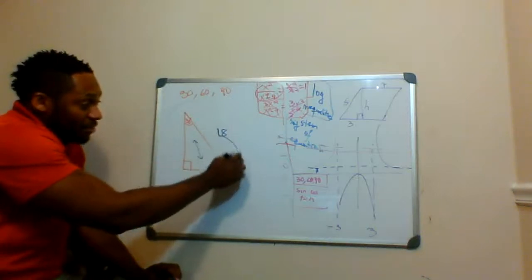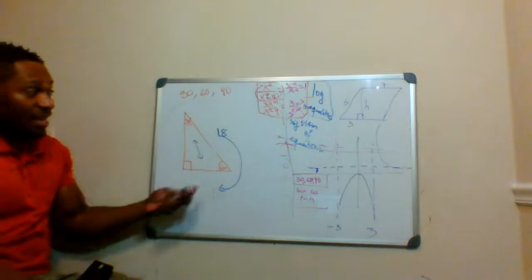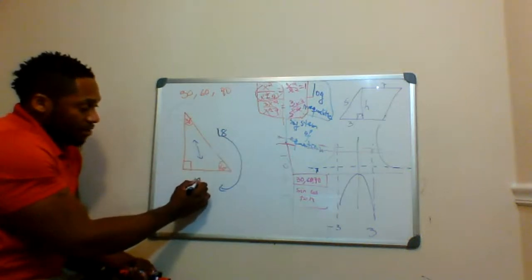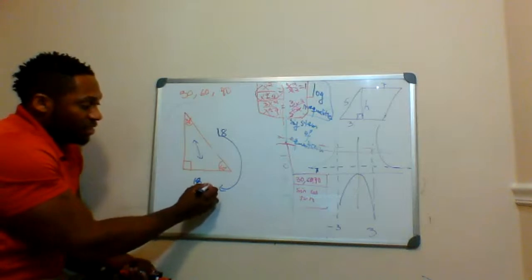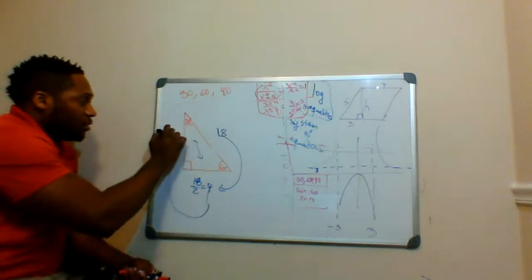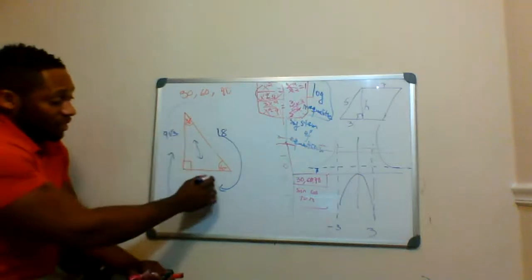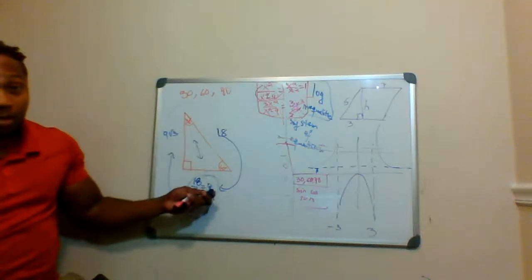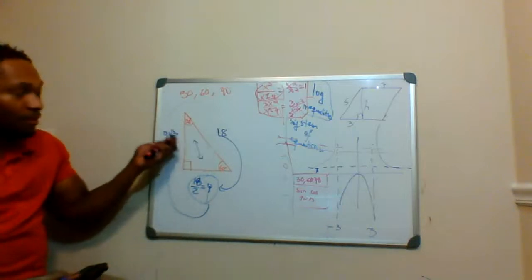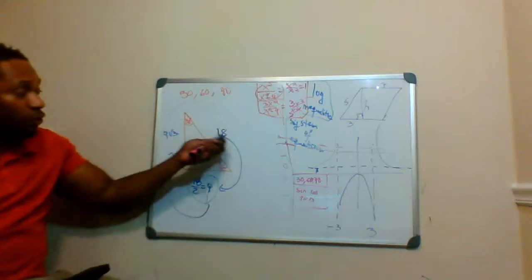Then this side is the hypotenuse divided by 2, so 18 divided by 2, which is 9. And then this side is 9 square root of 3. So the key side normally is the smallest one, the one opposite the 30-degree angle. So it's easy.